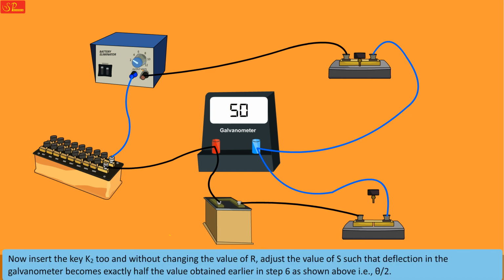Now insert the key K2 too, and without changing the value of R, adjust the value of S such that the deflection in the galvanometer becomes exactly half the value obtained earlier in step 6, for example theta by 2.